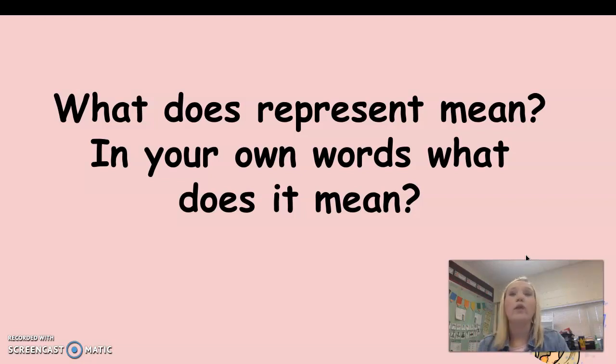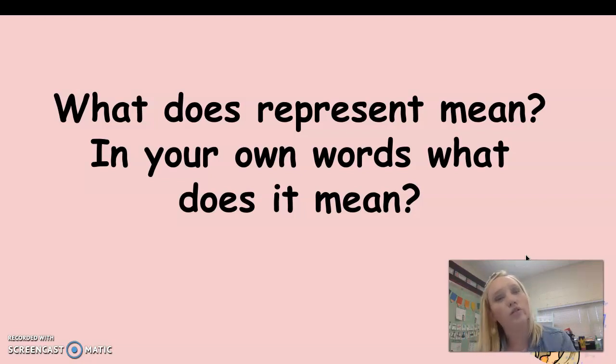Very good. Represent means to show. So if I want to represent something, I'm going to show it. And we practiced it last week with our fingers. So let's practice it together. If I asked you to show me the number 2, to represent 2 on your fingers, you would put 1, 2 fingers. Very good.